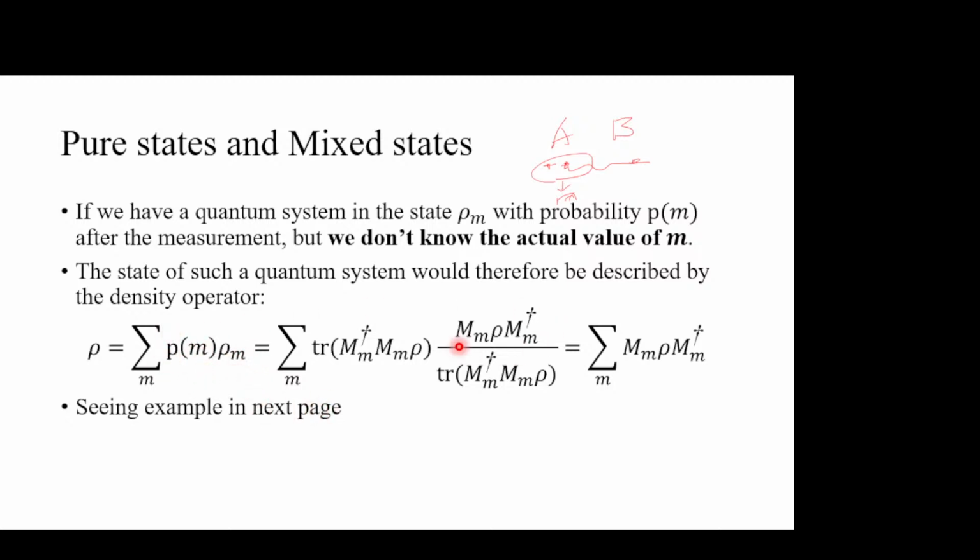The measurement probability is the trace of M rho M dagger, and the post-measurement state is M rho M dagger divided by this measurement probability to normalize it. So you see those two terms cancel out. And this has a simple formula of just summing over all the possible outcomes, M rho M dagger. So this is the post-measurement state if you do the measurement but don't know the outcomes.